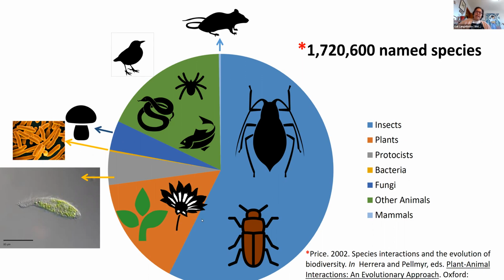To date, scientists have named and described almost 2 million species across the globe. And of those nearly 2 million species, about 56% of them are a type of insect. So if we're considering a biodiversity point of view, insects are integrally important to biodiversity.